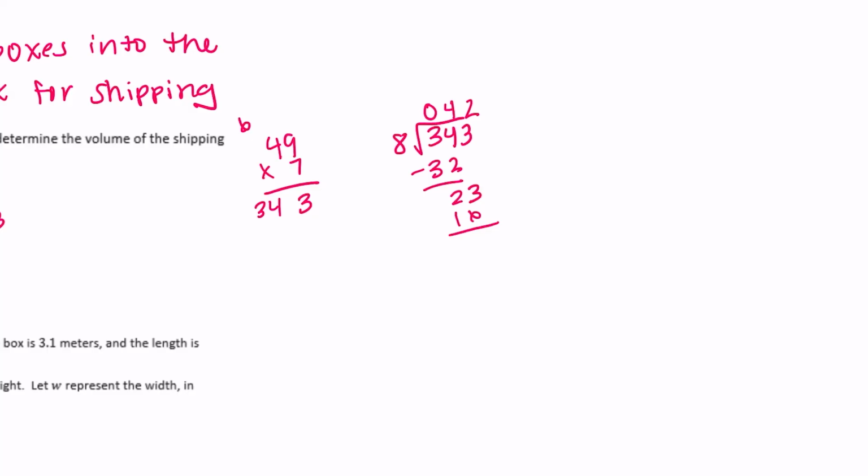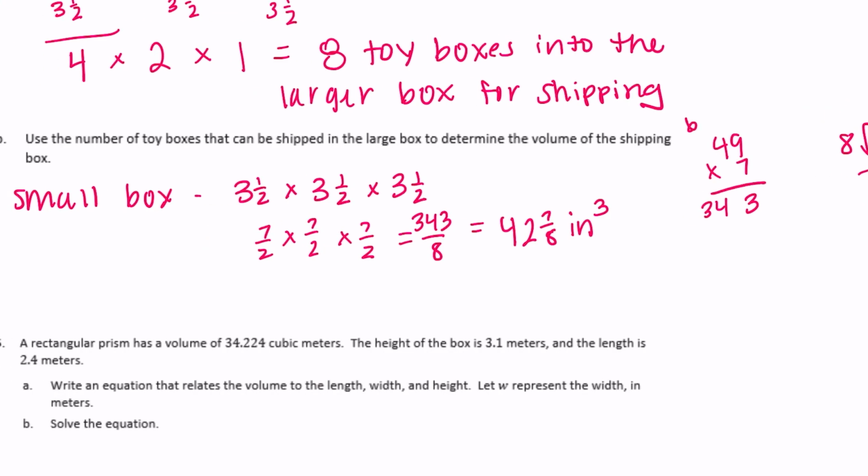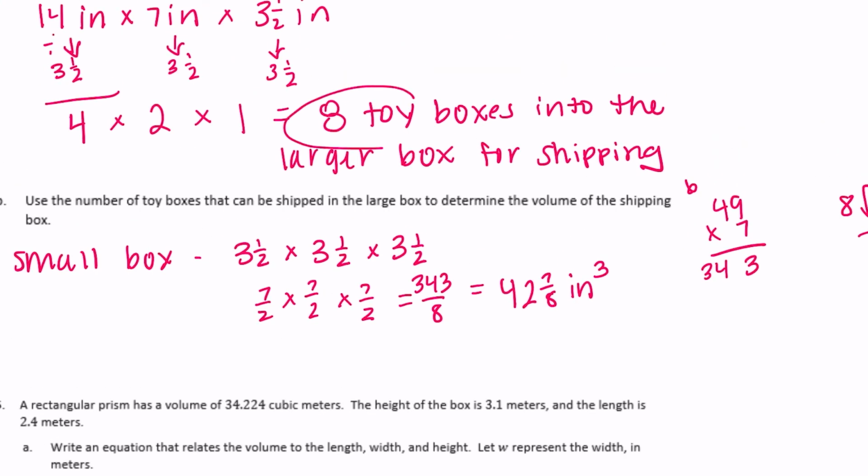And 23 minus 16 is 7. So we get 42 and 7/8 inches cubed. But then what we need to do is take the 8 toy boxes, because there were 8 of those that could fit inside of there.